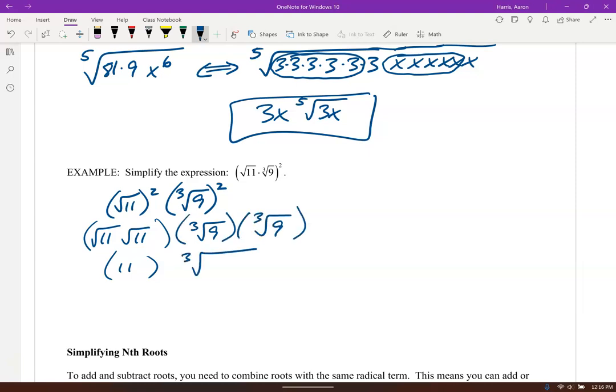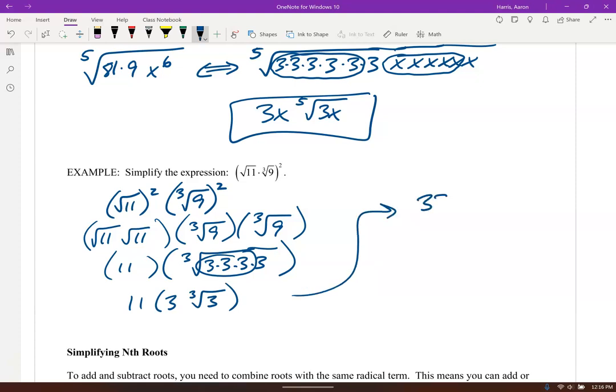So we have 3rd root of 9 times 9, or 81. Here's 81. I'm looking for 3 of a kind. So 3 comes out, and then I'm left over with a 3rd root of 3. And now we can multiply the 11 and the 3, so we have 33 3rd root of 3. Okay.